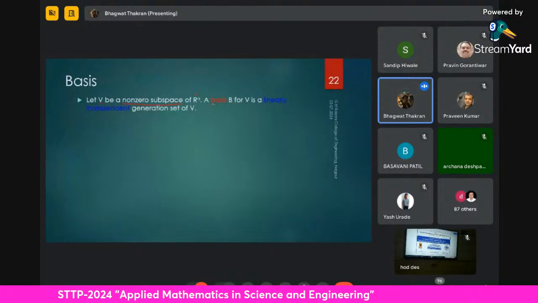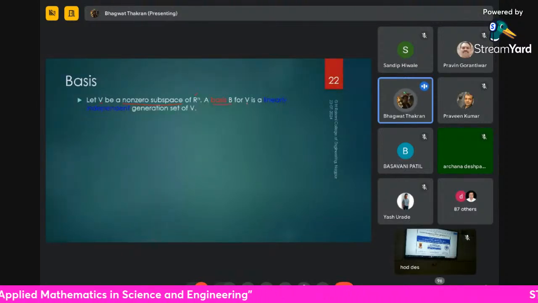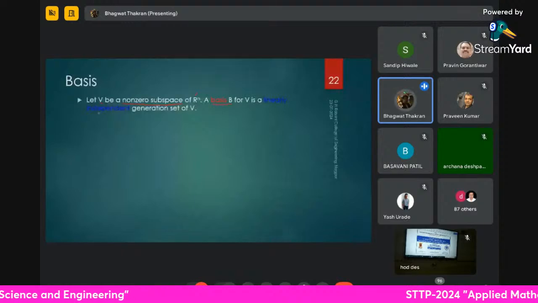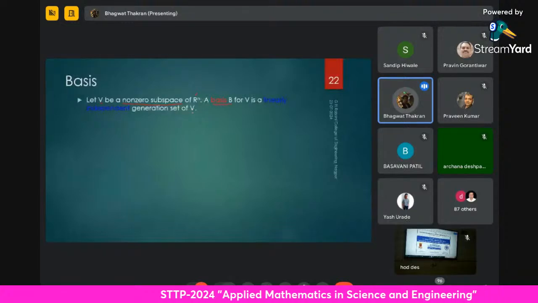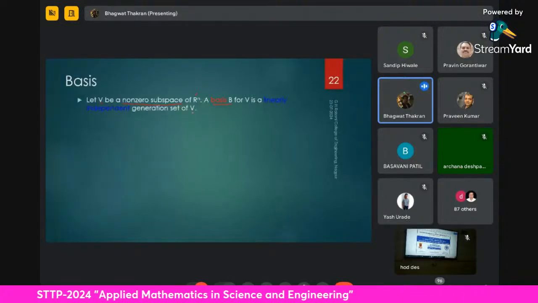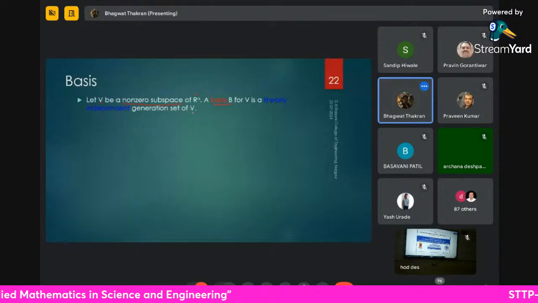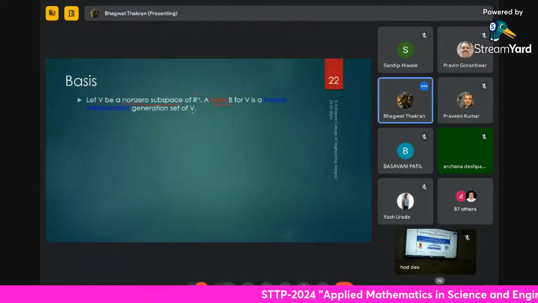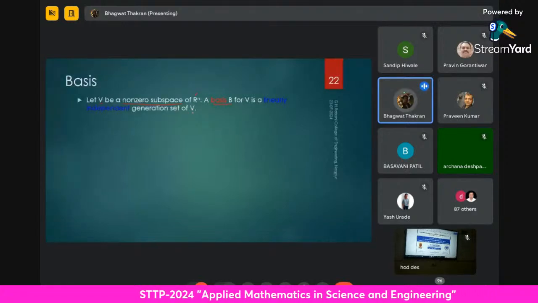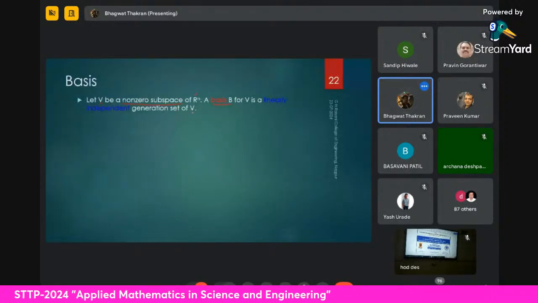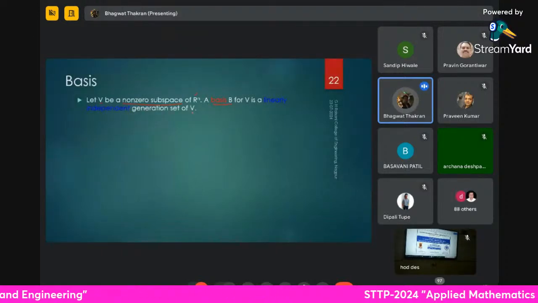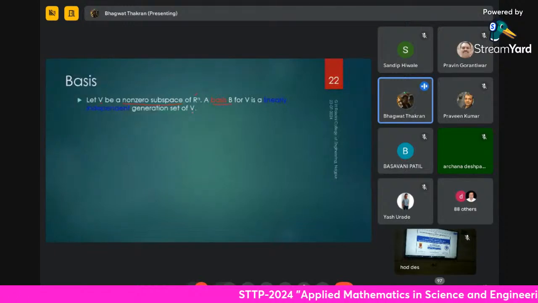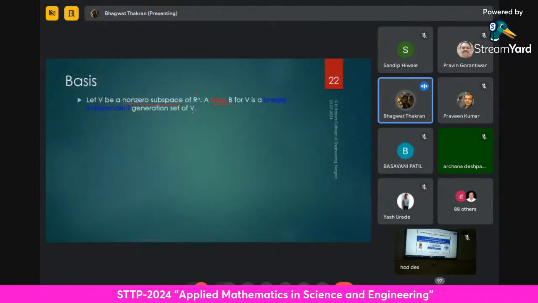Then a set, which we call a basis B for V, is nothing but a linearly independent generating set of V. That means a basis is that set which can generate the whole space, as well as the set contains only non-zero vectors and these vectors are linearly independent.